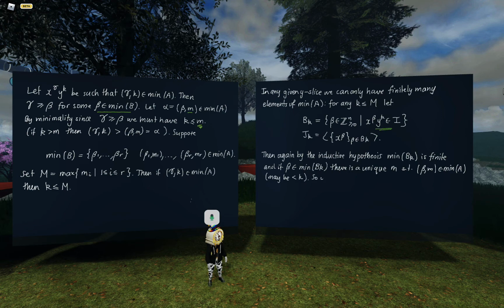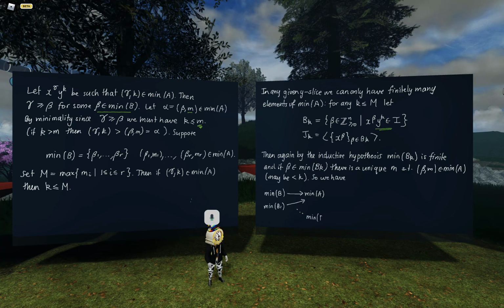Okay, so we have a family of injective maps. You can look at the corners on the ground and look up to get a minimal element of A. You can look at the ones at height 1 and look up to get an element of A, and so on.